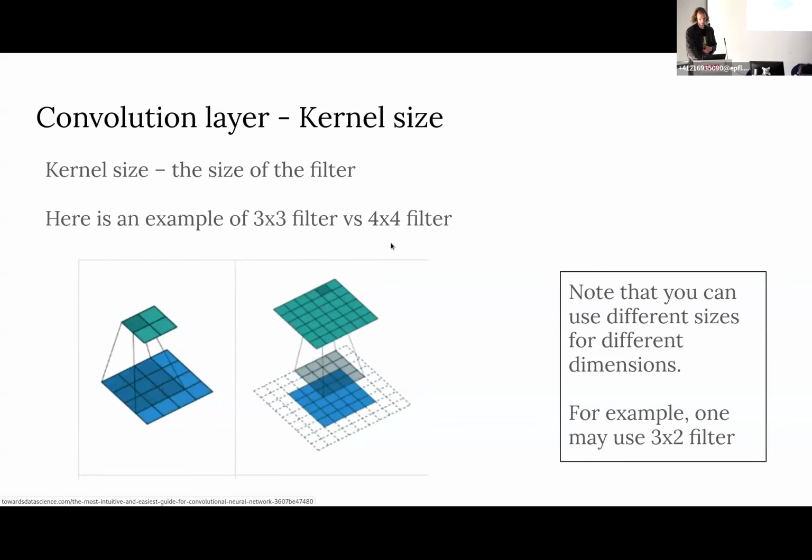Or we could have something like 4 by 4, and we have this 4 by 4 dark area here. But it could be something with different values for one axis and for another axis. For example, it could be something like 3 by 2, and it would not be a square, it would be a rectangle. It's up to you to design which size you want to have.